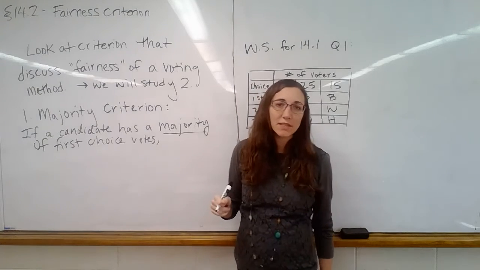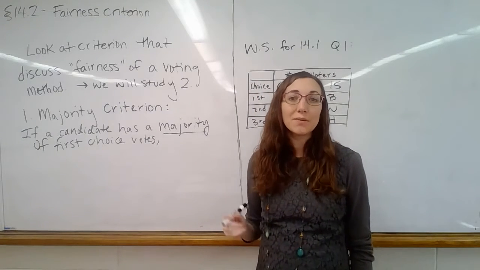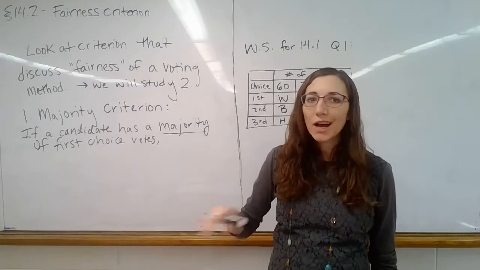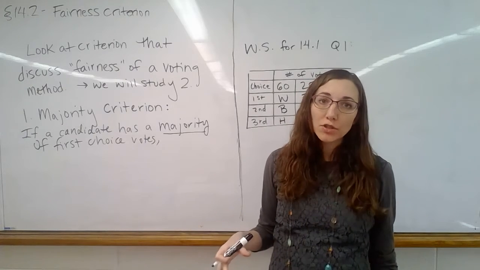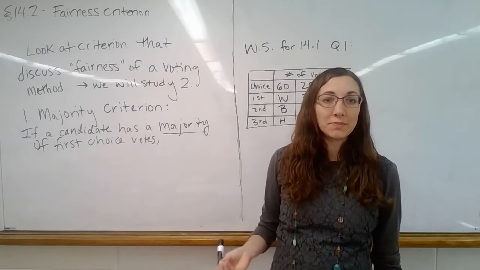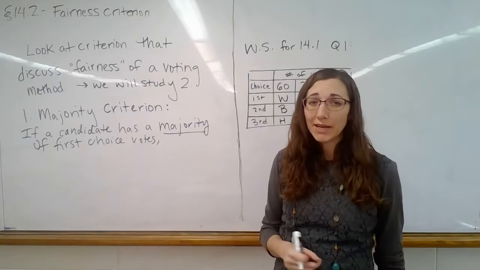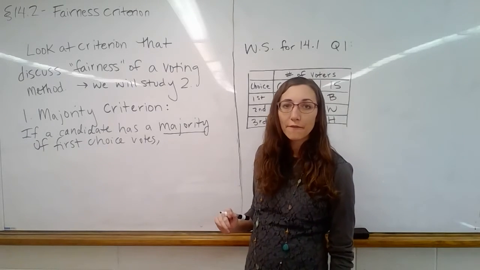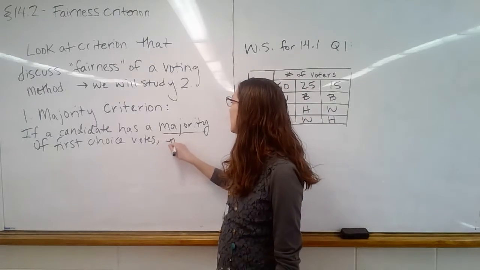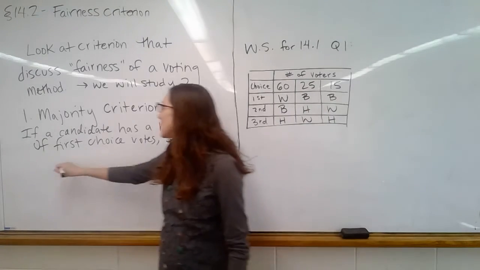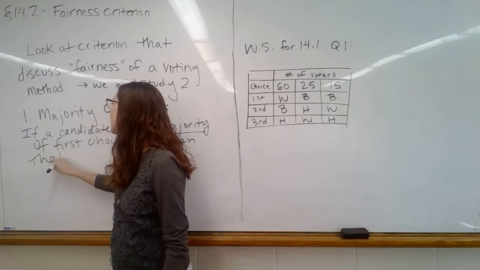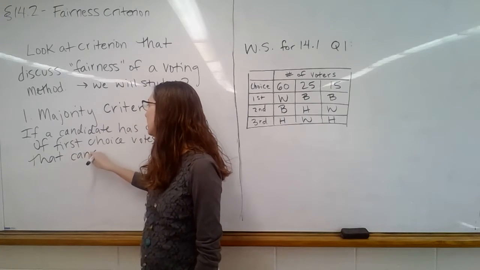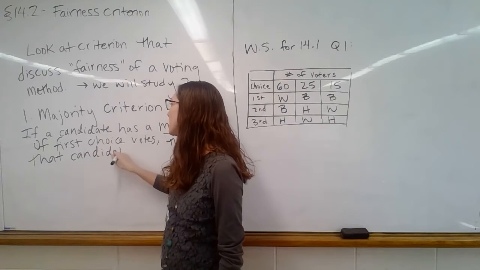So remember, the difference is majority specifically means more than half, not just the most. So this really is an if. This person might exist or they might not exist. So if a candidate has a majority of first choice votes, then the criteria says that candidate should be the winner.